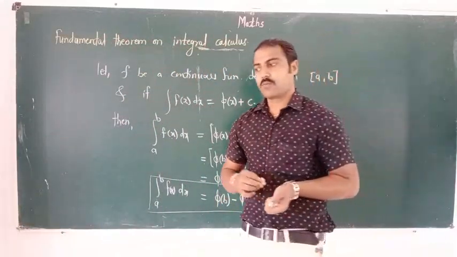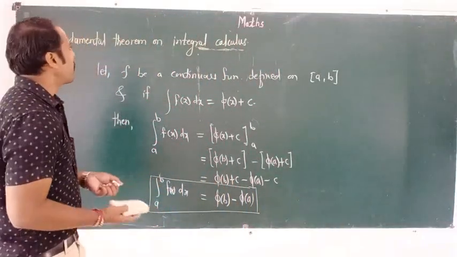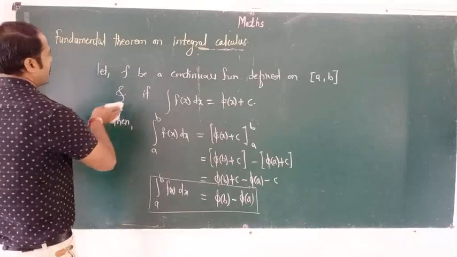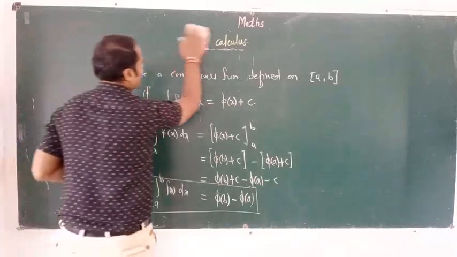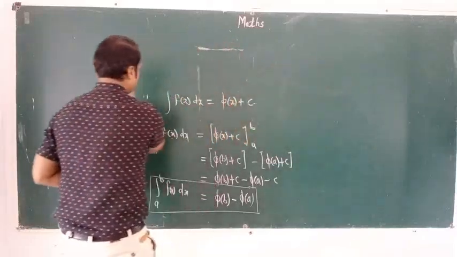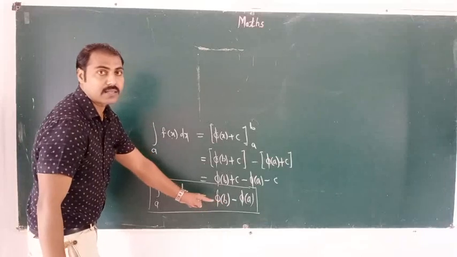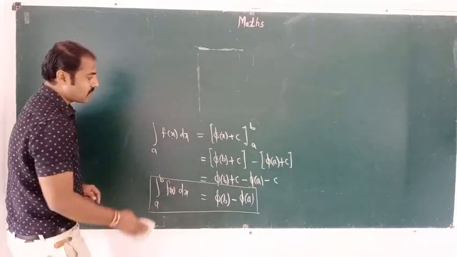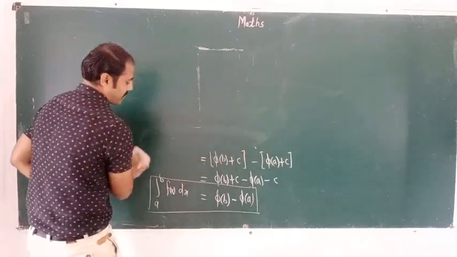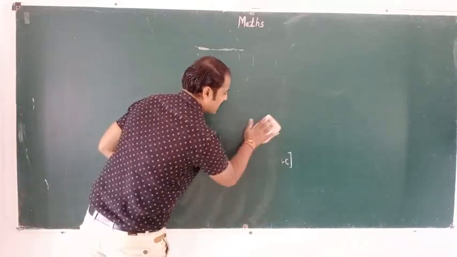Now moving to our next point. The next point is properties of definite integration. Here in definite integration, the constant term does not appear. It vanishes, plus c minus c vanishes.